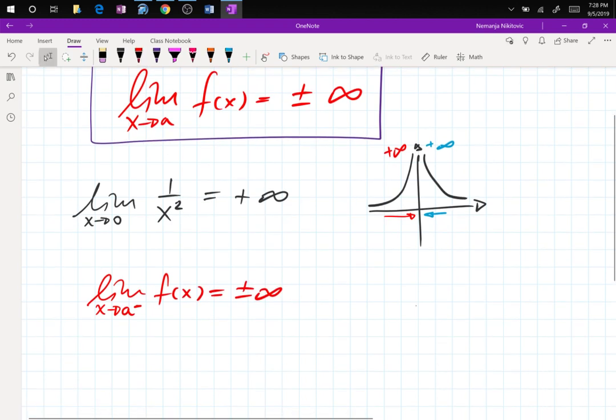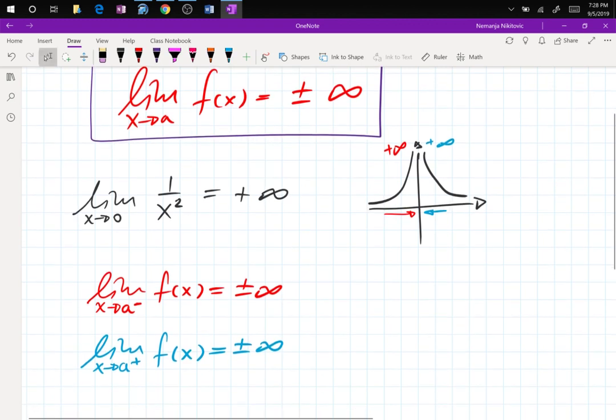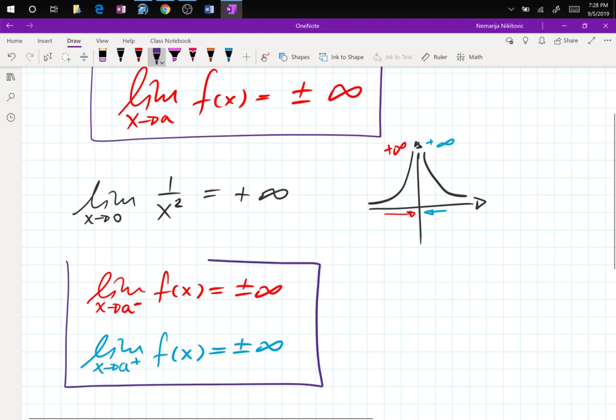And finally Romeo was blue, so we're going to do the limit as x goes to a plus of f of x to give us also positive or negative infinity. And I'm going to box these as well, because these are the one-sided limit versions. So that's the overall limit, and this is the one-sided infinite limits.